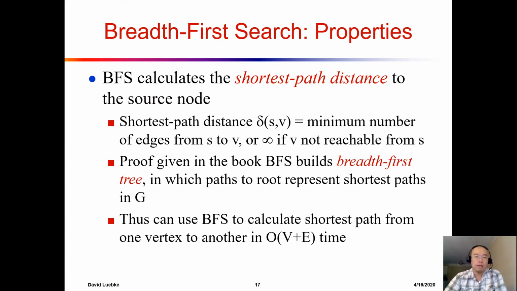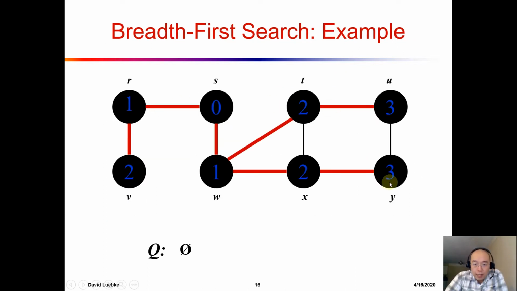So for any node, for example this Y, there is a 3 here. This means from Y, if we want to go back to the root, we will have to follow the red paths. So Y to X, one hop, X to W, another hop, and then W to S, another hop. So there are a total of 3 hops from Y to S, and that is the shortest path guaranteed.